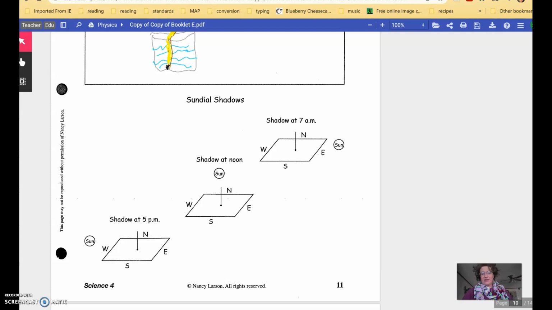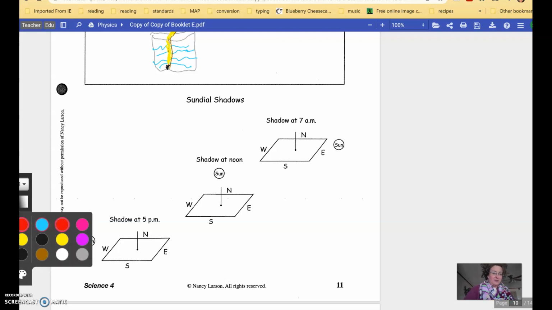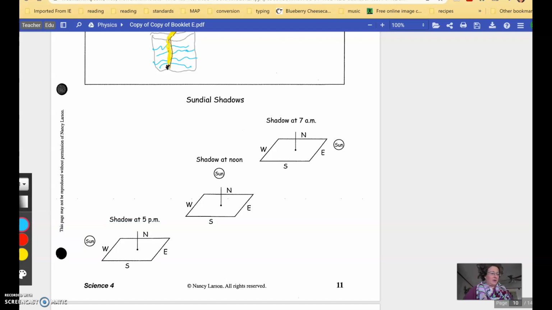In the morning when we wake up at 7 a.m. or whenever, we know the sun rises in the east. We can see that. Now, we have our sundial stick right here. So where would you imagine the shadows to be on this sundial? The shadows would be, and I want you to use a blue colored pencil, but your shadow would be going this way.